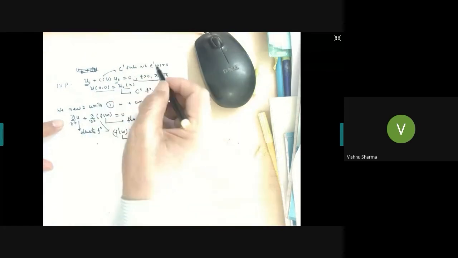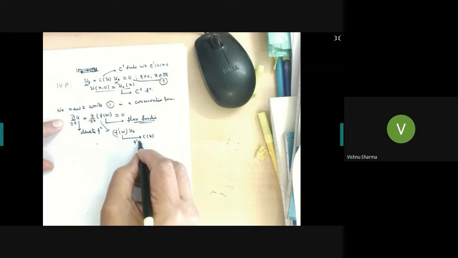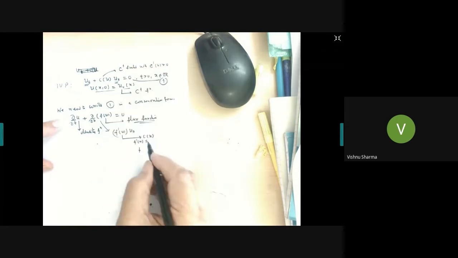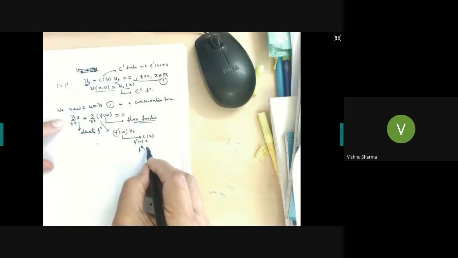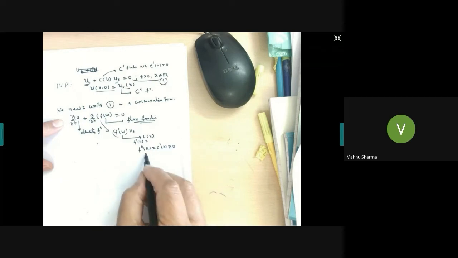Here c dash is taken to be positive. So c dash, that is f double dash u, is greater than 0. That is, the flux function is convex.